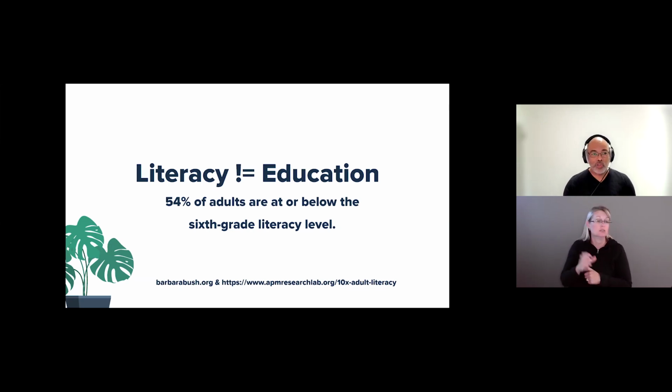So we can't assume that those of us with advanced degrees, everyone else reads at that level. 54% of adults in the United States between the ages of 17 and 64 read below a 6th grade reading level.